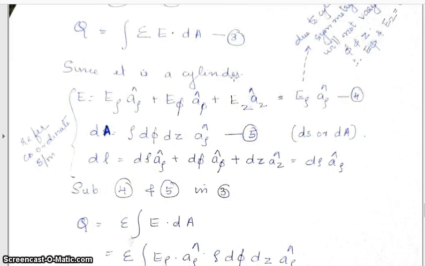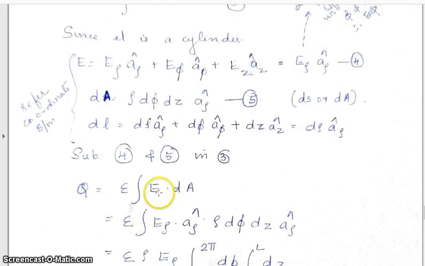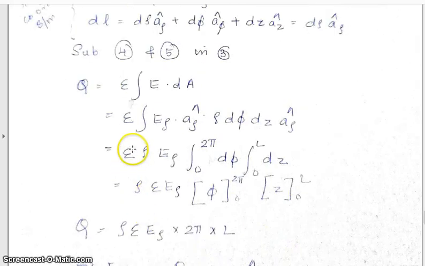So finally, Q is equal to, I know here it is epsilon E dot dA. Epsilon is a constant, so I am taking epsilon out. Instead of E, I will be substituting E rho A rho, and instead of dA, I will be substituting rho d phi dz A rho. This one, rho d phi dz E rho. Now I am taking rho and E rho outside.